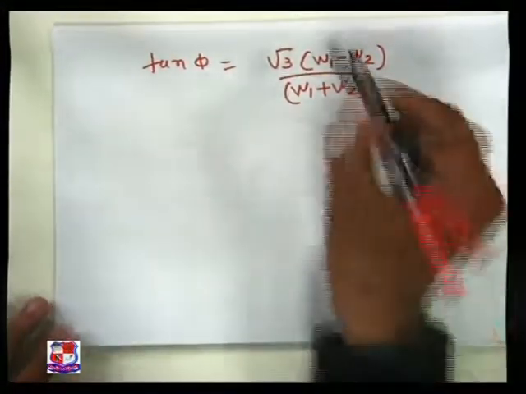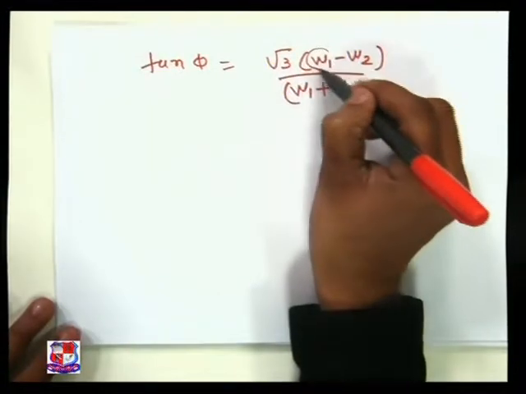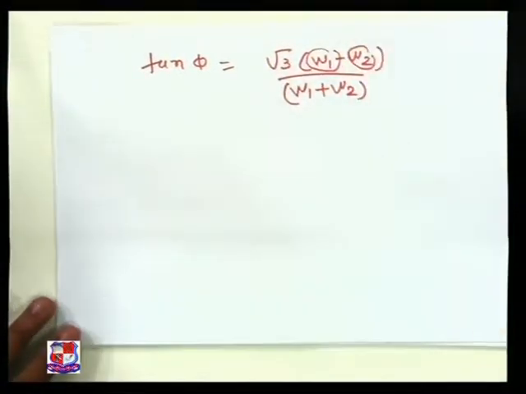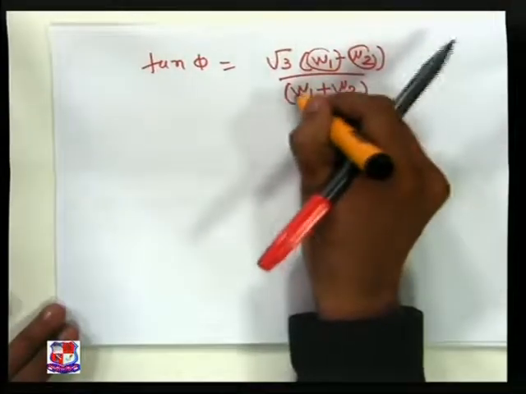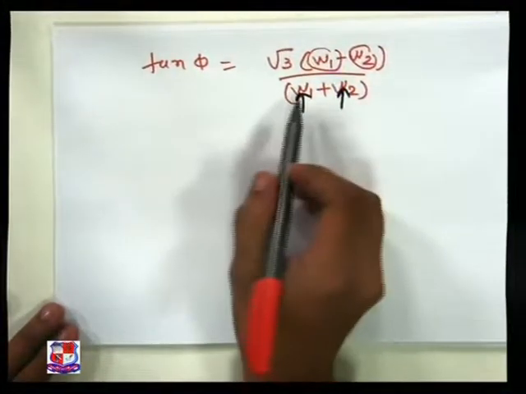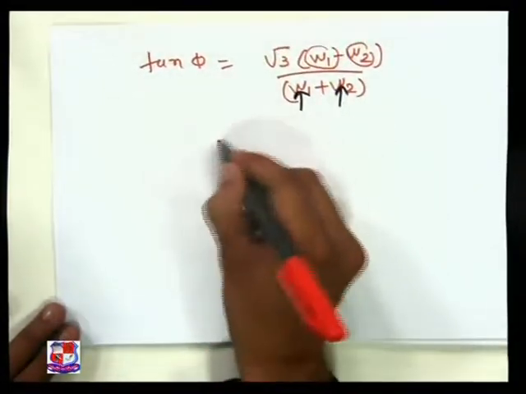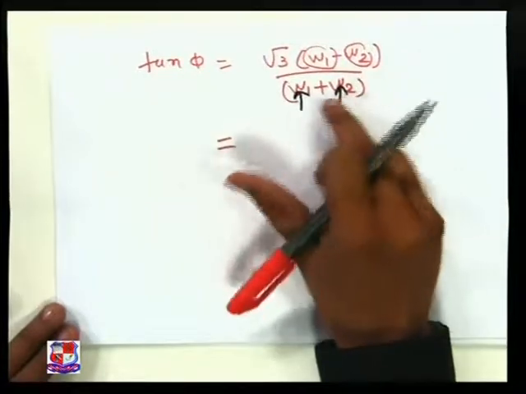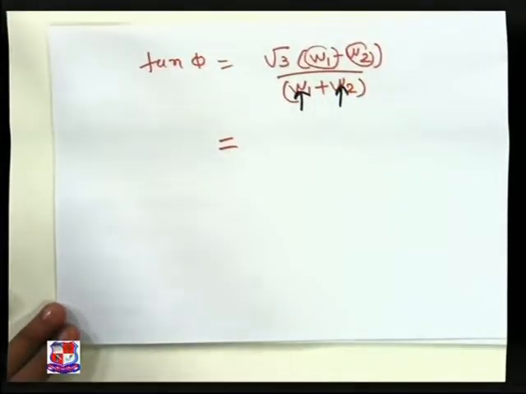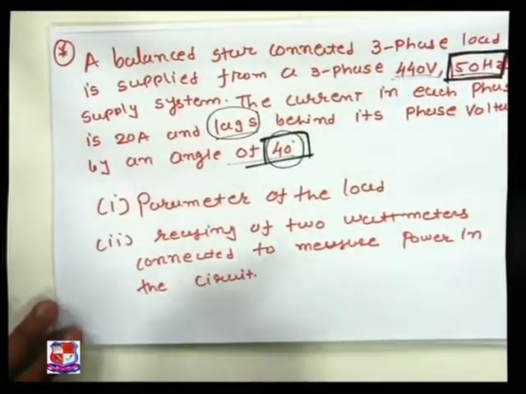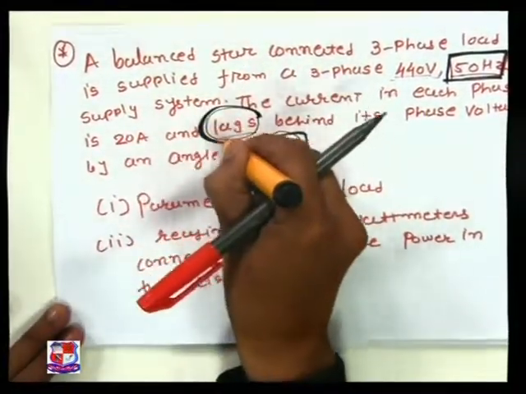W1 means the higher wattmeter reading and W2 means the lower wattmeter reading. Here we get W1 minus W2 over W1 plus W2, because in our example it is given as lagging.